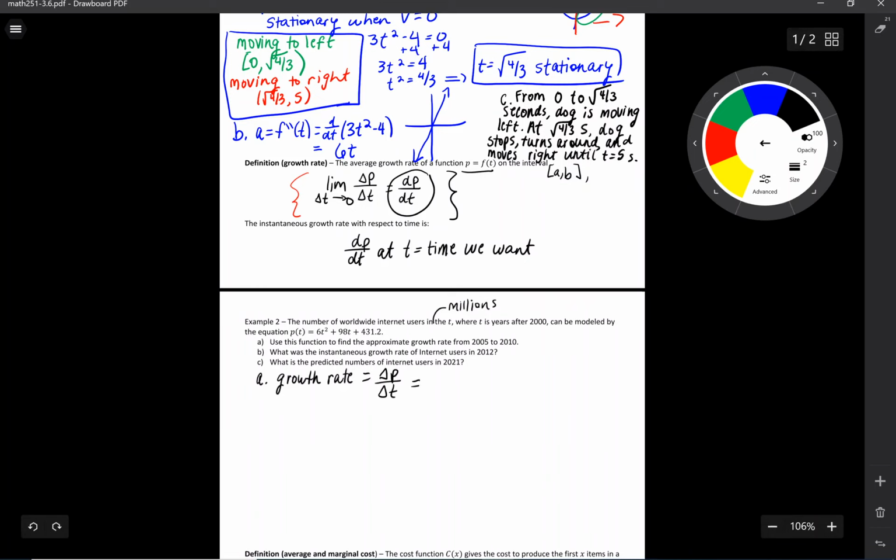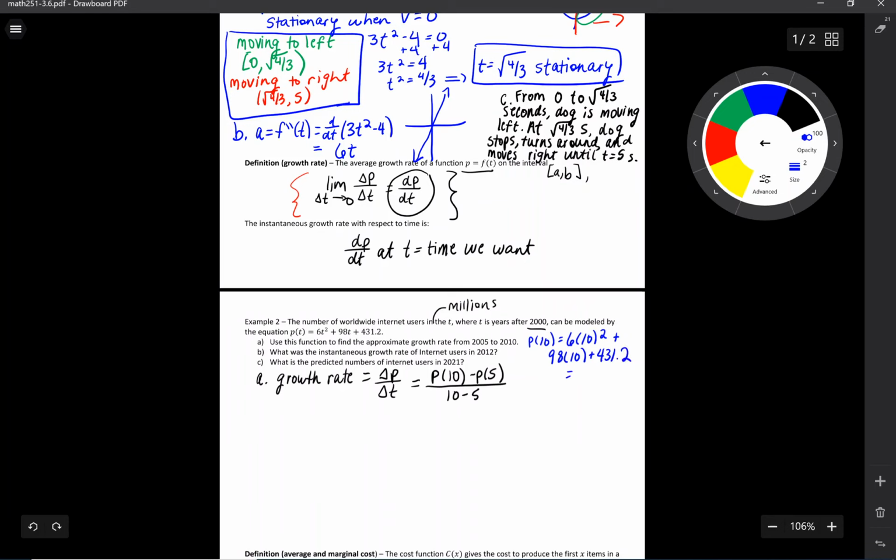Okay, well, my delta p is my change in y. So this is p of 2010, which is the year 10 since I'm after the year 2000, minus p of 5. And then my change in x, or time, is 10 minus 5. So if I were to plug in t equals 10, I would get p of 10 equals 6 times 10 squared plus 98 times 10 plus 431.2.